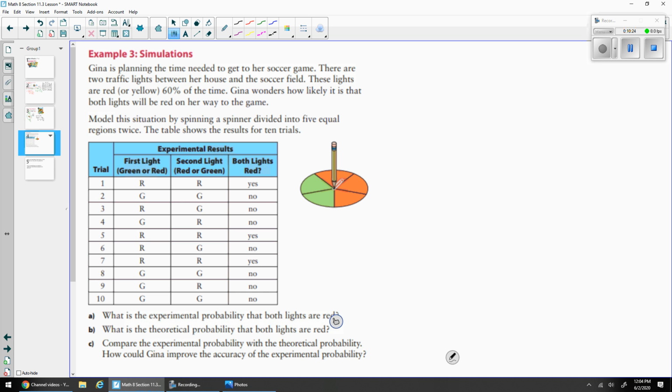Okay, just one last thing, looking a little bit at experimental probability. We did talk about this in grade 7. We have theoretical probability, which is what we've been looking at so far with our tree diagrams and our multiplication of fractions. But just because you have a theoretical probability doesn't mean that you're always going to get that. For instance, if you flip a coin, there's a 50-50 chance that you'll get heads or tails.